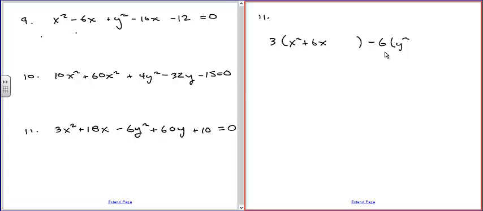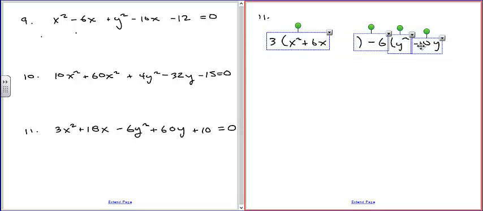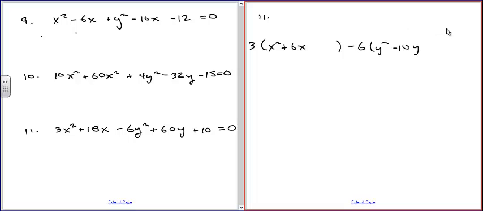Divide 60 by negative 6, you'll get negative 10y. And then you move that to the other side. I should have left a space here, but I need to slide things over a little bit. So leave a little space in there, move the 10 to the right-hand side, you get negative 10.